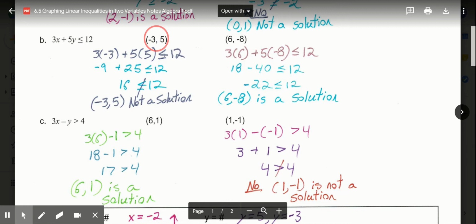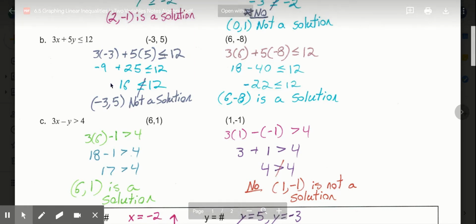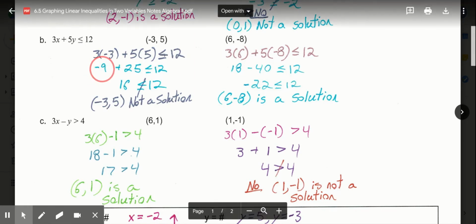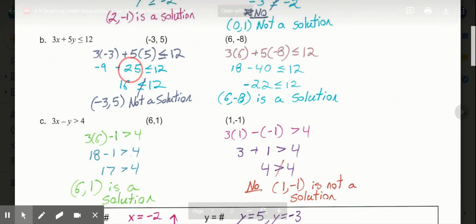In this case, negative 3, 5, plugging into 3x plus 5y is less than or equal to 12. When we plug those in, we end up with negative 9 plus 25 is less than or equal to 12. Negative 9 plus 25 is 16. 16 is not less than or equal to 12, so negative 3, 5 is not a solution.